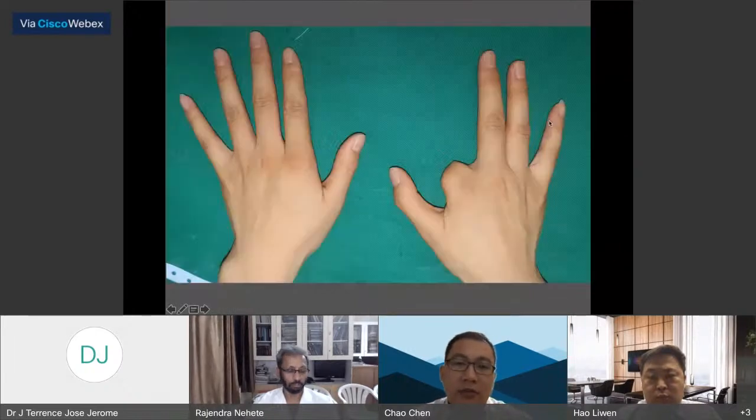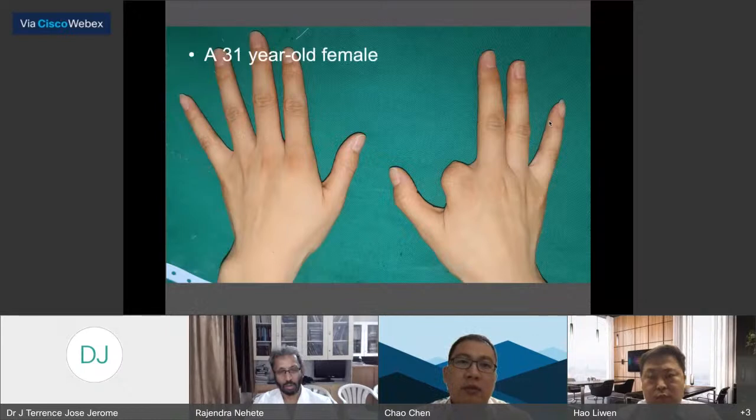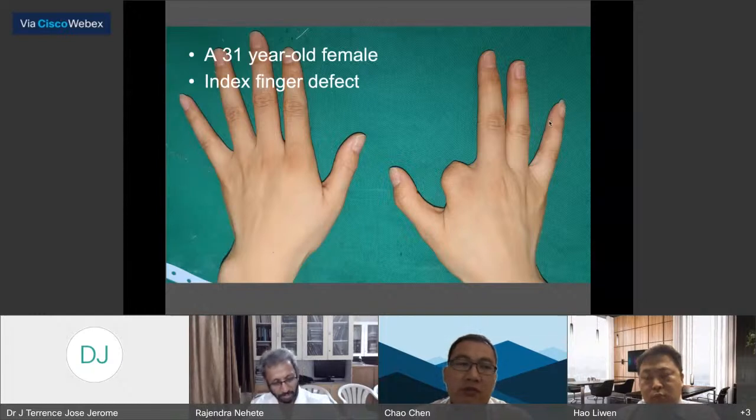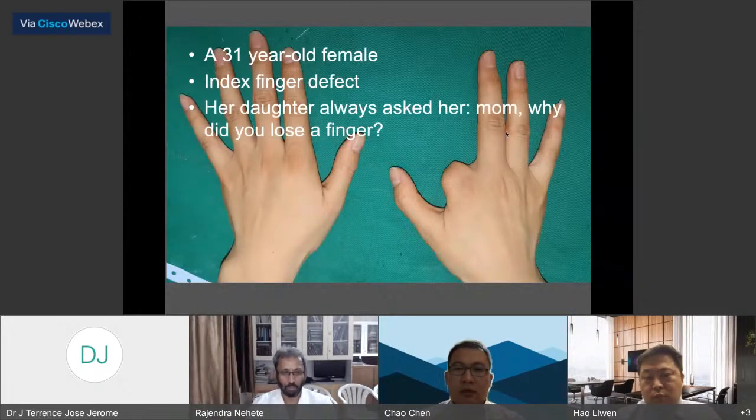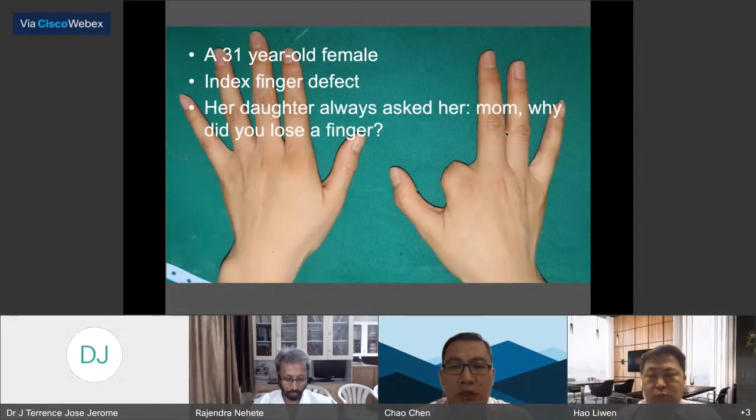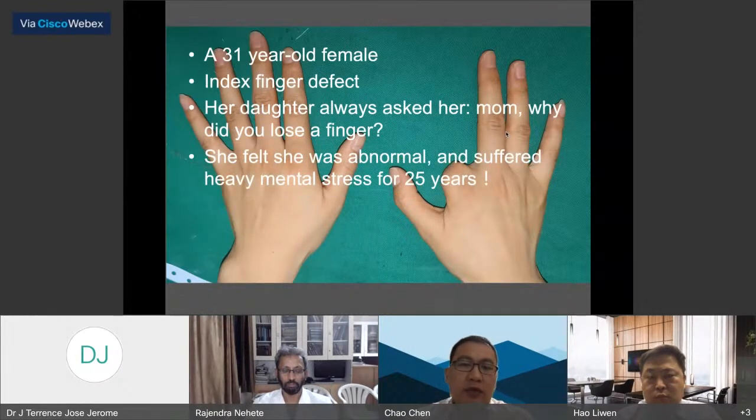So this is a 31-year-old female patient. She had the index finger defect ever since she was 4 years old. But why did she want to reconstruct her index finger? Because she felt she was abnormal. Her daughter always asked her, "Mom, why did you lose a finger?"